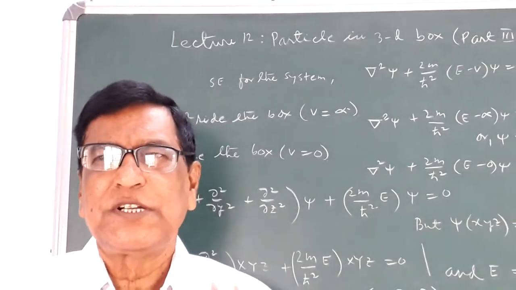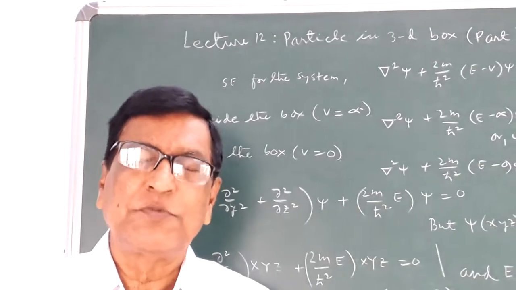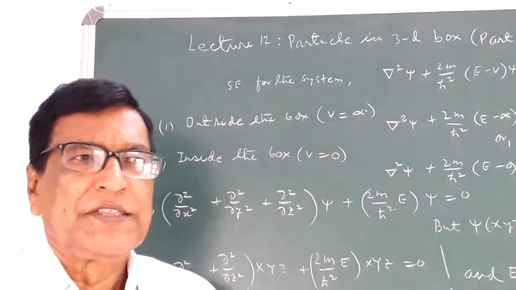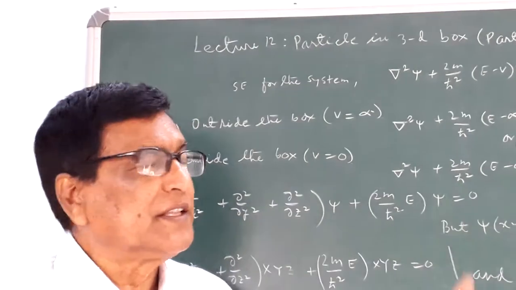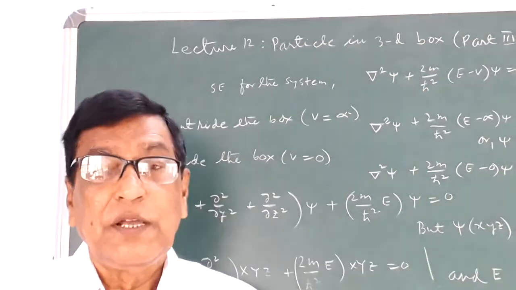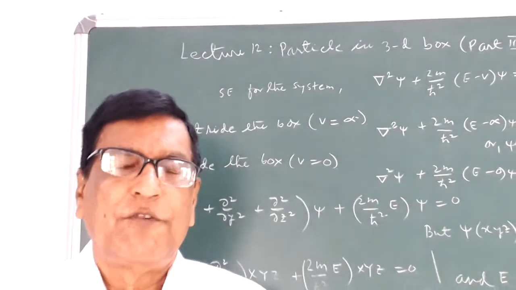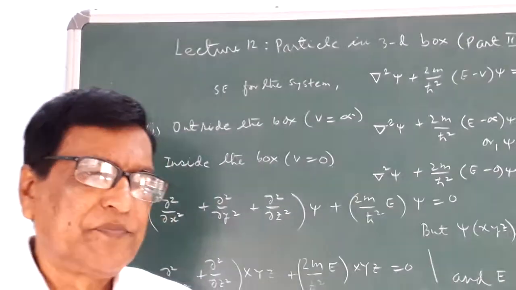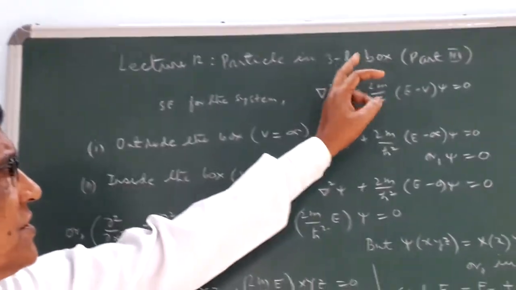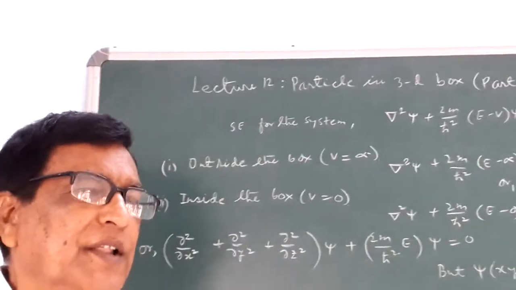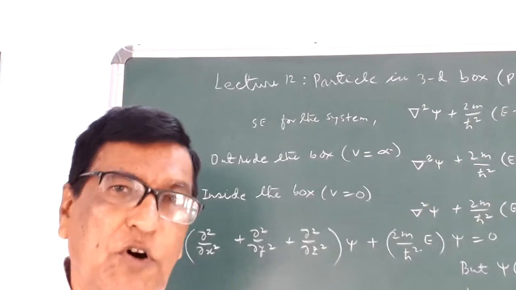But the motions of electrons in atoms and molecules are three-dimensional. So the particle in a three-dimensional box will be more appropriate for those cases. So this is why this system is more important than the particle in a 1D box.